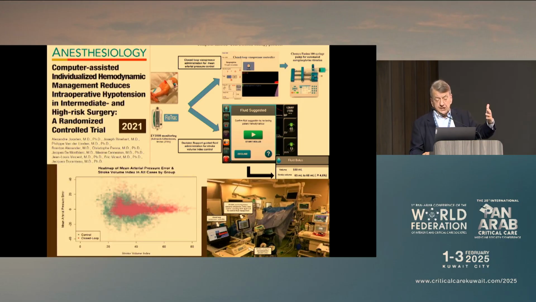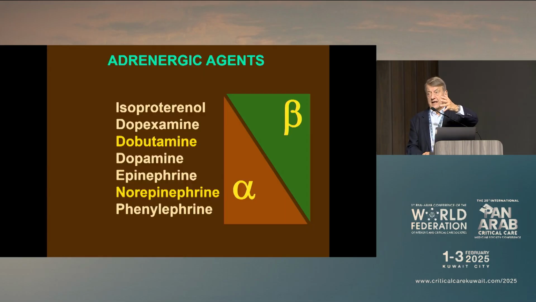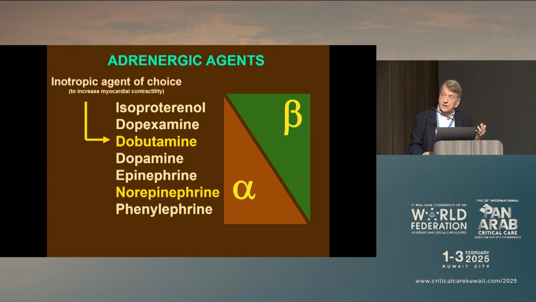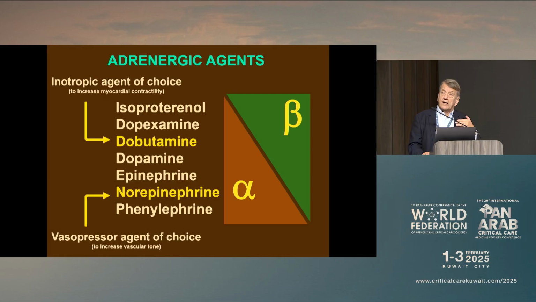And you can see here that actually the system does better than human anesthesiologists to keep the blood pressure within the range, which is optimal for the patient, and cardiac output within the range that could be optimal for that particular condition.